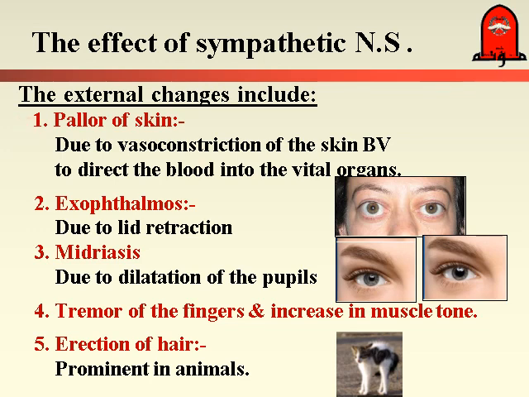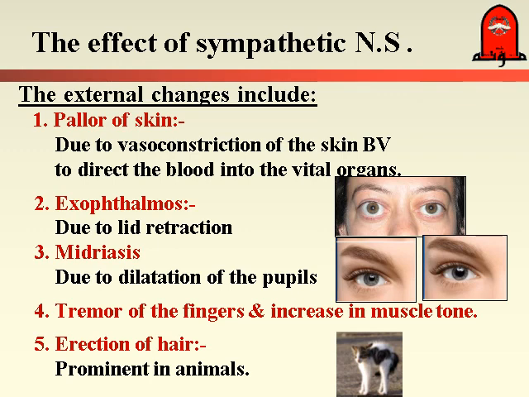And next to that, if we look at the eye, there will be firstly what is called exophthalmos. Exophthalmos means a protruding eye forward, and this protrusion is not real in sympathetic stimulation.